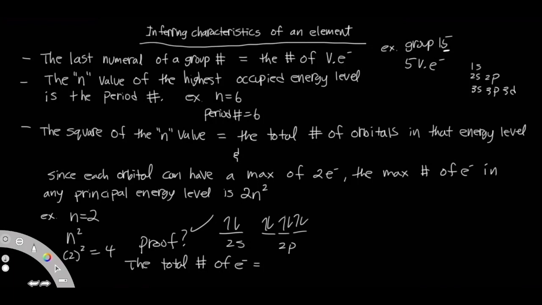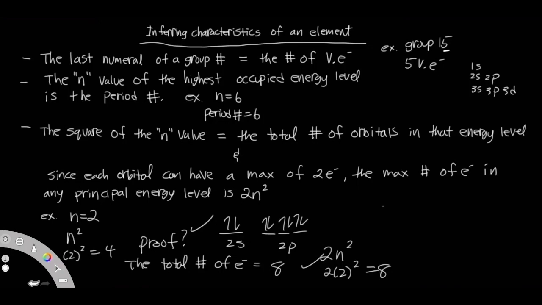So if you were to add up all of these together, you end up getting 8. So you get 8 electrons. Now, is that true? Do we have proof for that? This can also be identified as 2n squared. Well, let's substitute it. 2 squared, 4 times 2 gives you 8. So it seems to make sense pretty good.